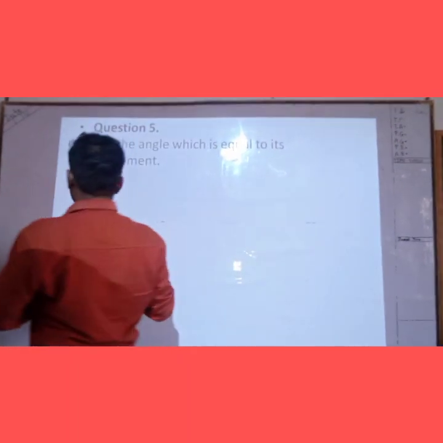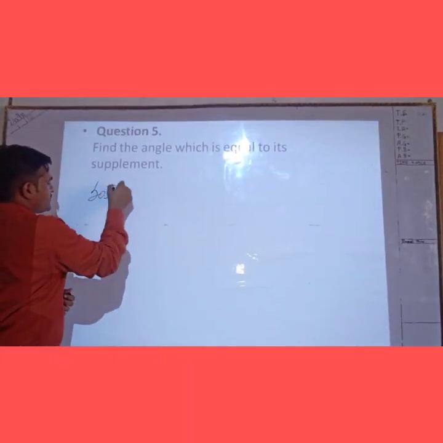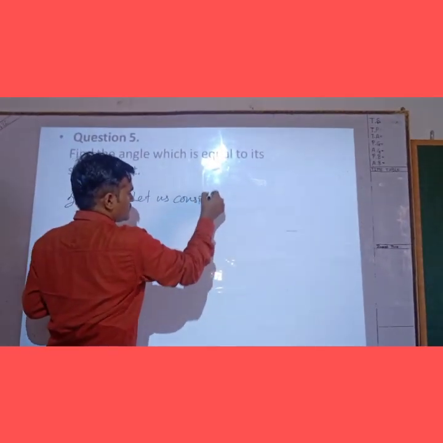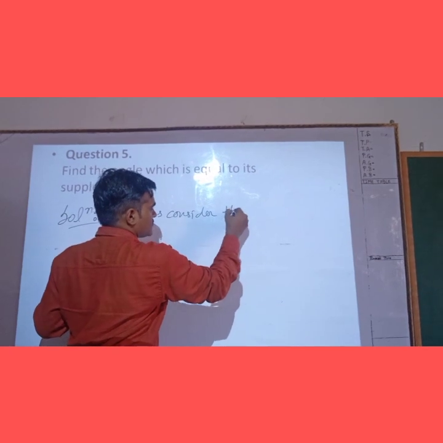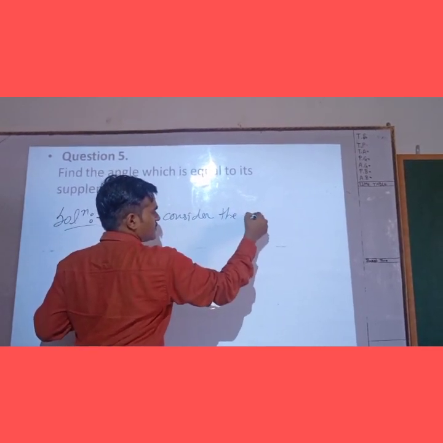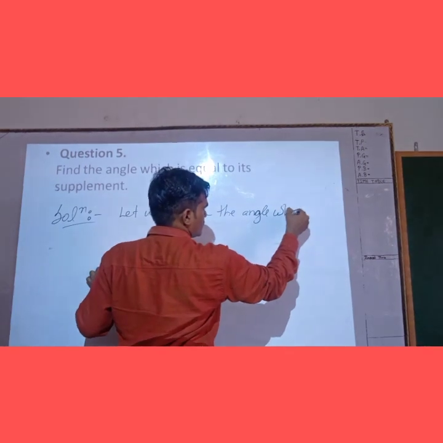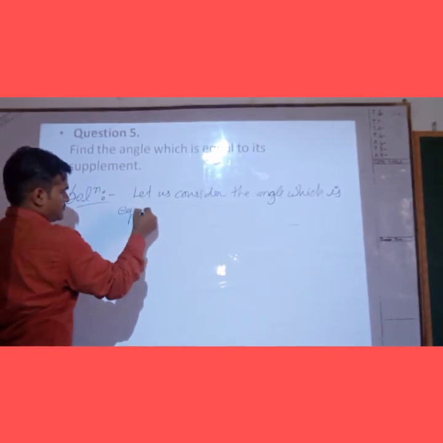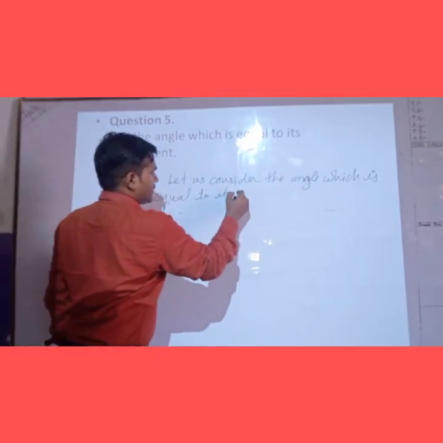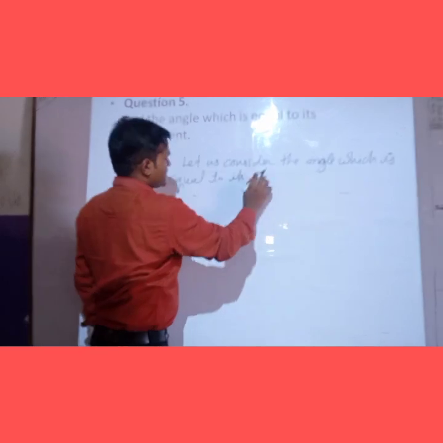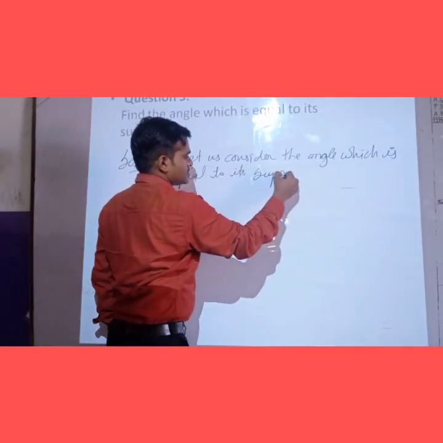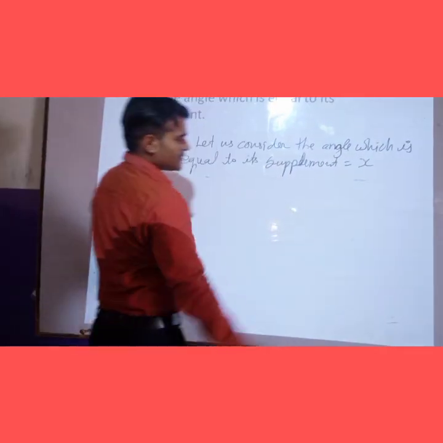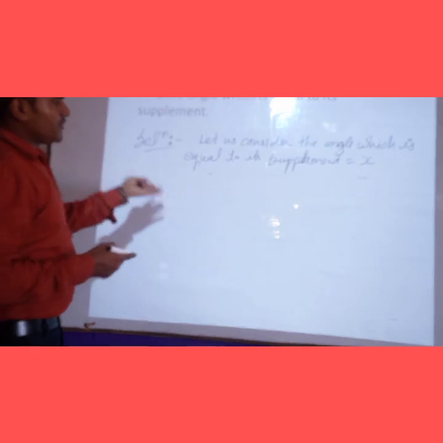So children, let us consider the angle which is equal to its supplement. We consider that angle is x. If we consider the angle x, its supplement will also be x.